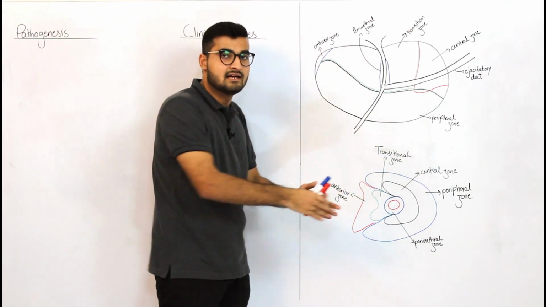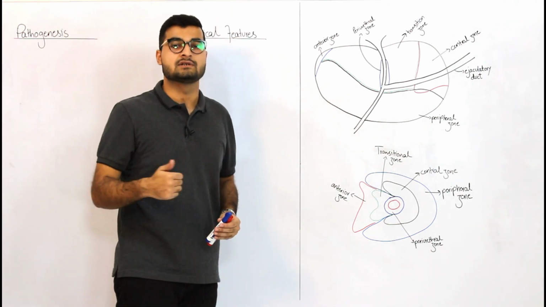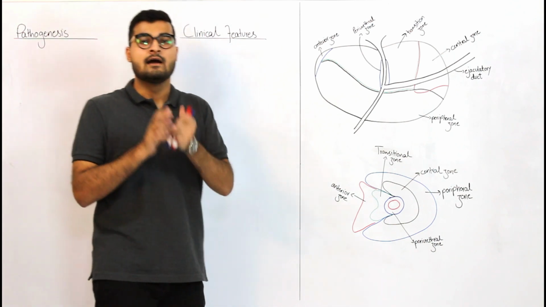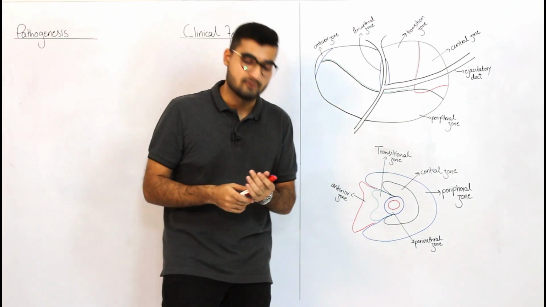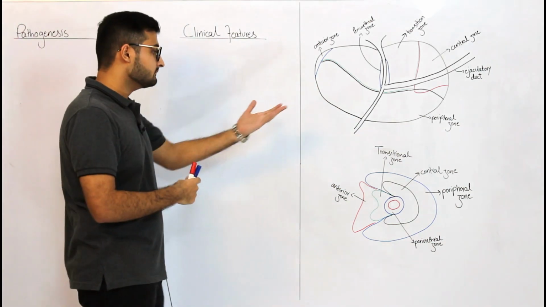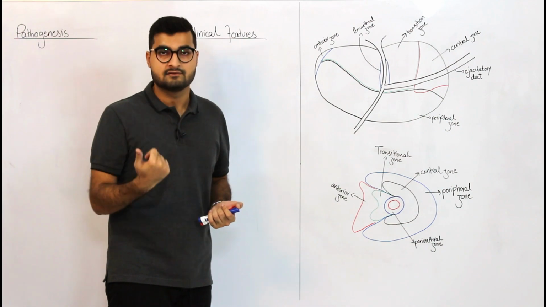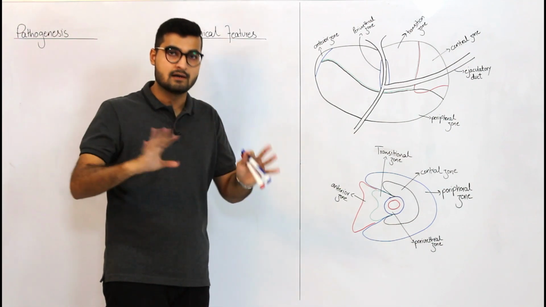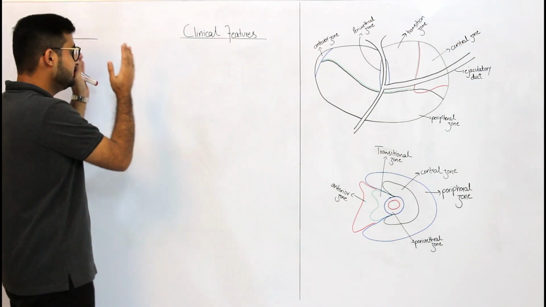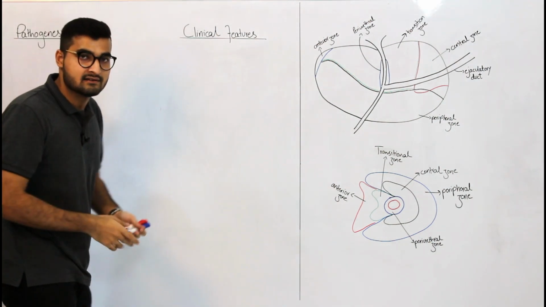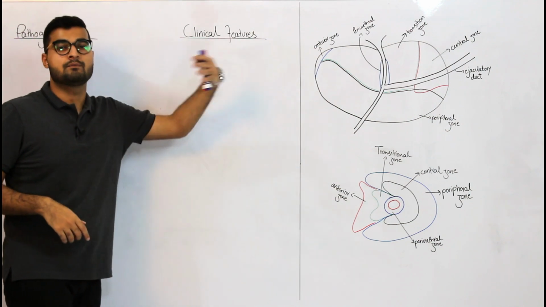Now, since we've discussed the anatomy, let's talk about the pathogenesis that happens in a patient of BPH. So, like I said, our prostate is made up of epithelial cells and stromal cells, right? The main androgen in a male is testosterone, right? You have testosterone filled up in males. So when you have these stromal cells and epithelial cells, the testosterone hormone is going to come and act on your prostate.